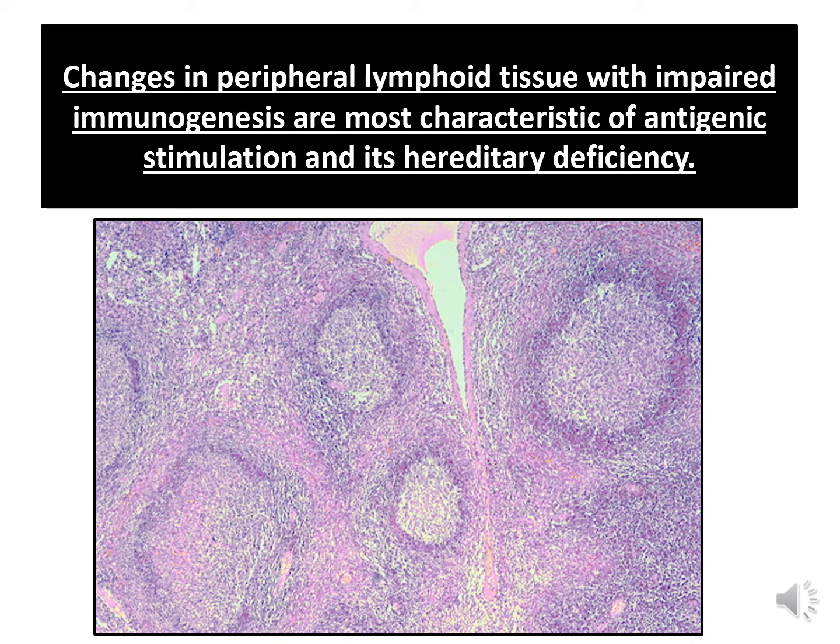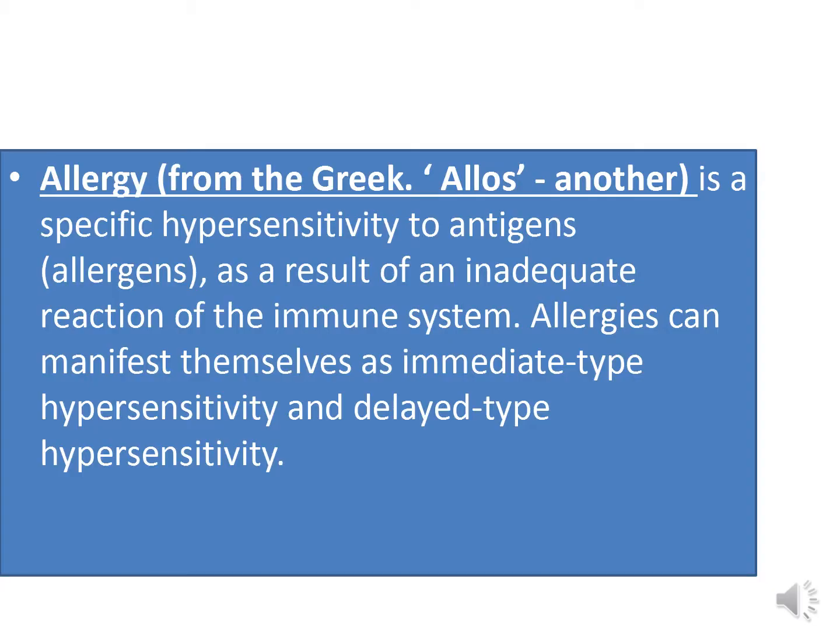Now we go to changes in peripheral lymphoid tissue with impaired immunogenesis, which is characteristic of antigenic stimulation and hereditary deficiency. So here you see the picture of the lymph node with large follicles and enlarged germinal centers.